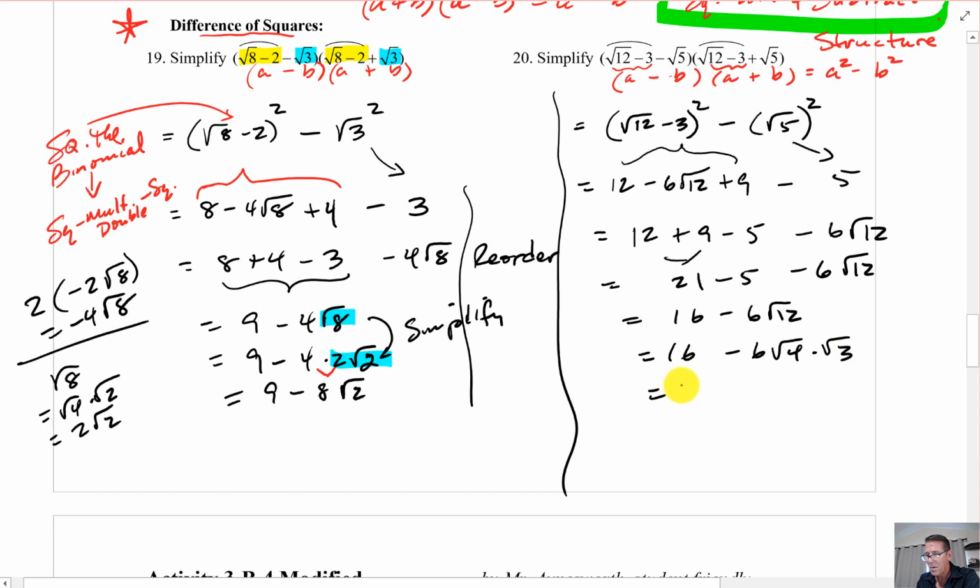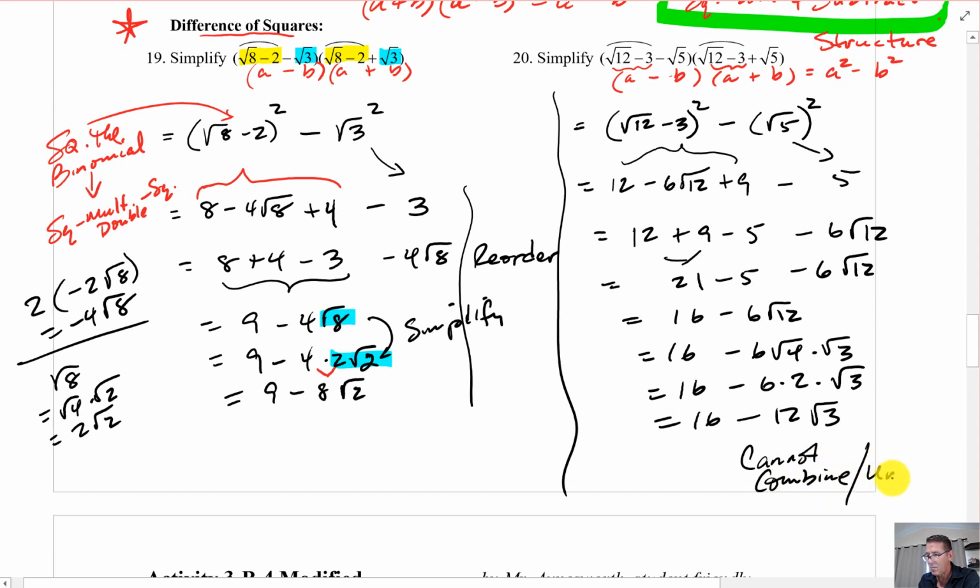And root 4 is 2, so you get 6 times 2 times root 3. So all said and done, you get 16 minus 12 rad 3. And again, you cannot combine, because 12 root 3 and 16 are unlike terms. And that's all there is to it.